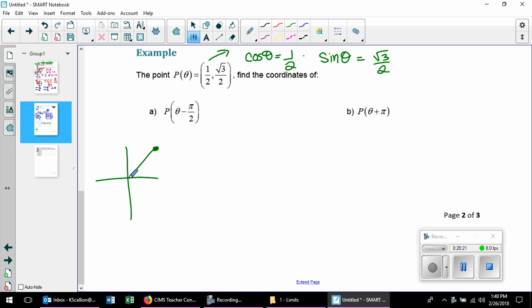Okay, what's my hypotenuse measure? Let's try that one first. What's my adjacent measure? 1. And what's my opposite? So that's the triangle you have.